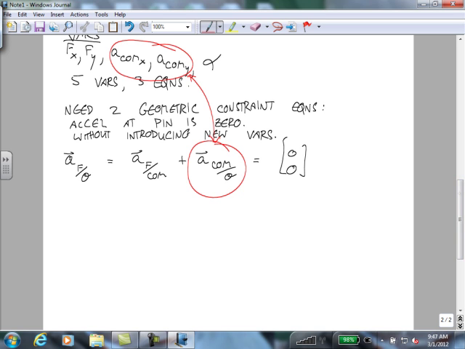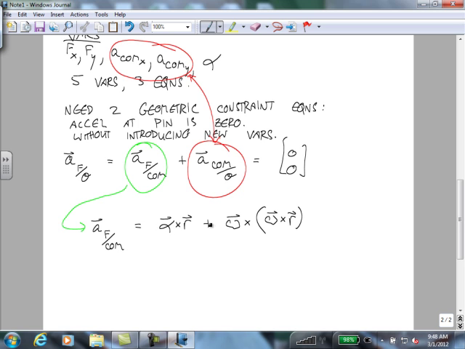Okay, so what we need to calculate is this. To do that, we recognize that the acceleration of F, assuming a center of mass fixed, is equal to the angular acceleration cross r plus omega cross omega cross r.